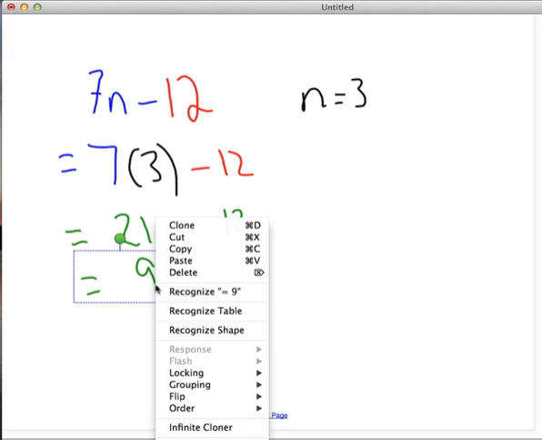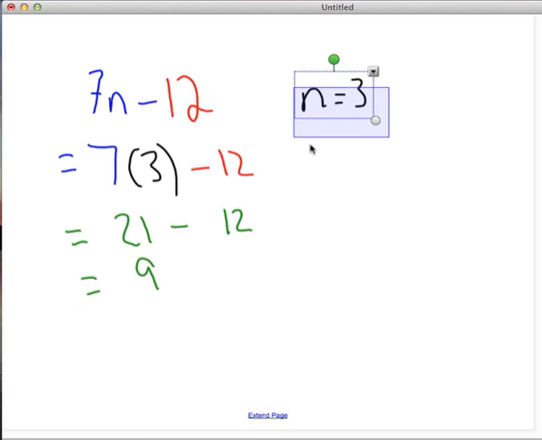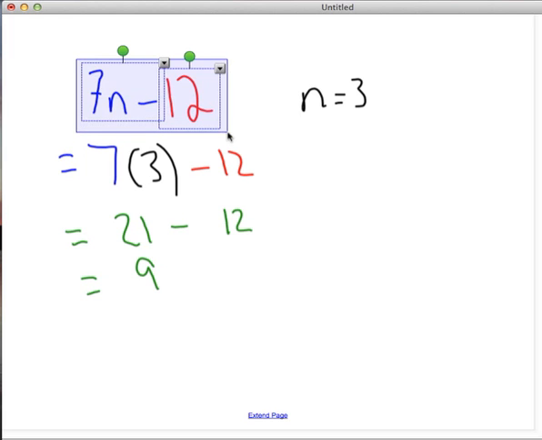So again, another example for how to substitute your values in. So this is taking that n equals 3, using it in our expression 7n minus 12, and again taking that n and it just becomes that 3. Hope this helps with substituting values.